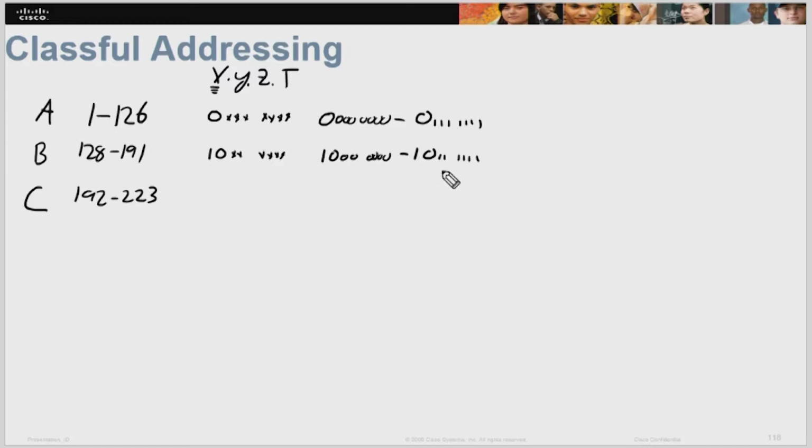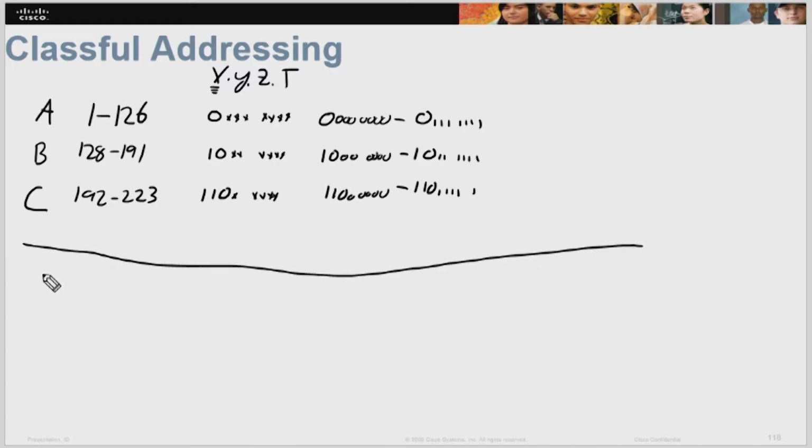That would be the last address in the Class B address space. And the pattern's going to follow. If the first bit is a 1 and the second bit is a 1 and the third bit is a 0, that is the definition of a Class C address. So again, 1, 1, 0, 0, 0, 0, 0, 0 through 1, 1, 0, 1, 1, 1, 1, 1 is my Class C space.